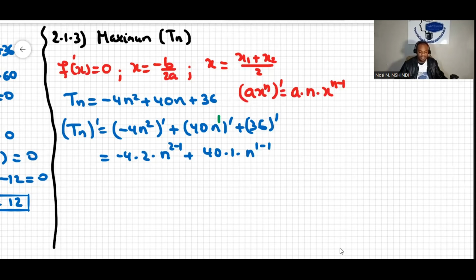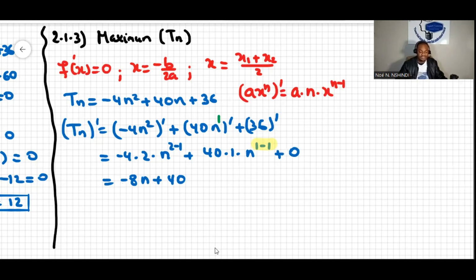So plus 0 there. 36 derivative is 0, and this will be equal to negative 8n plus 40, because 1 minus 1 is 0, and n to the power of 0 is just 1. 40 times 1 is 40, and that's Tn derivative.